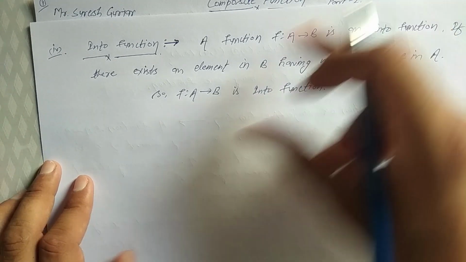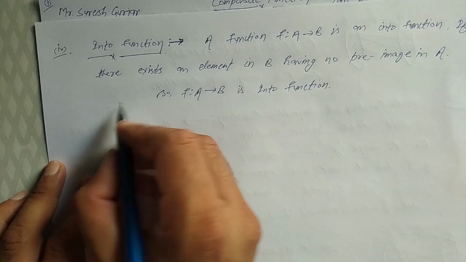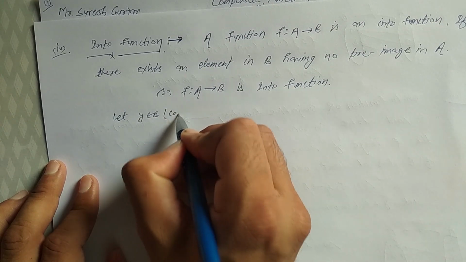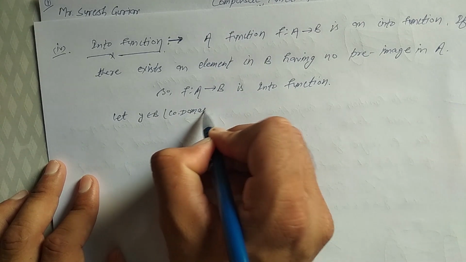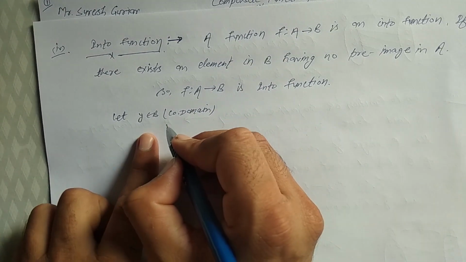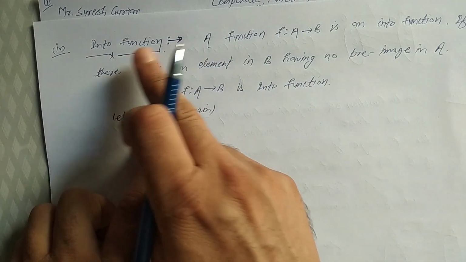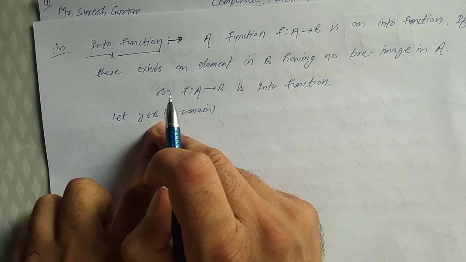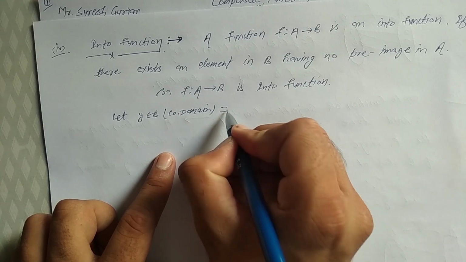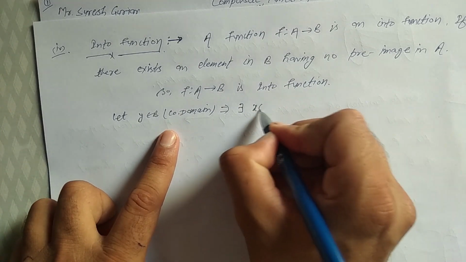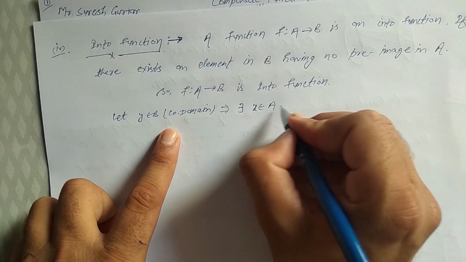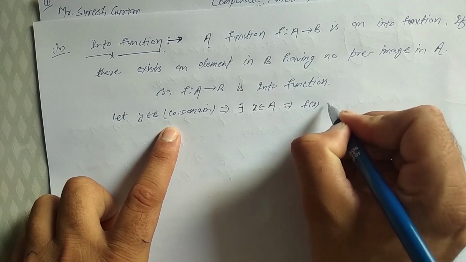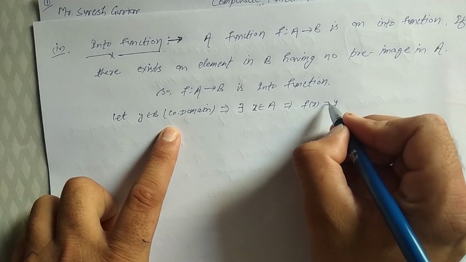Theoretical and mathematical definition: let y belong to the codomain B. In an into function we consider one point from codomain B, there exists x belonging to A. Operate the function f, f(x) is not equal to y.